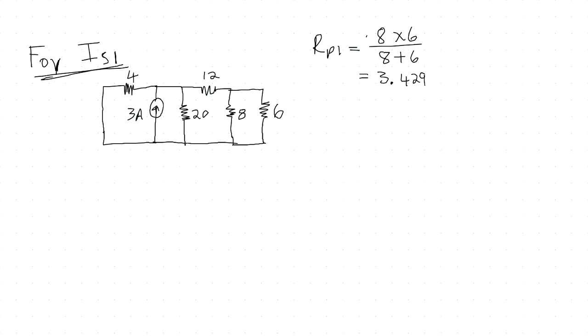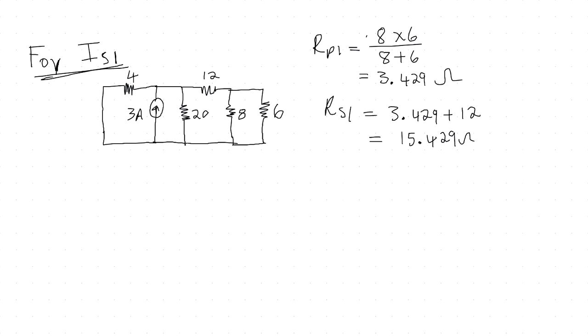And then still RS1. RS1 is 3.429 plus 12, which is equal to 15.429 ohm.